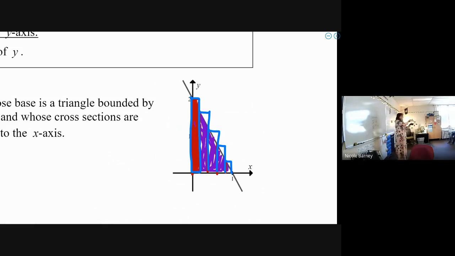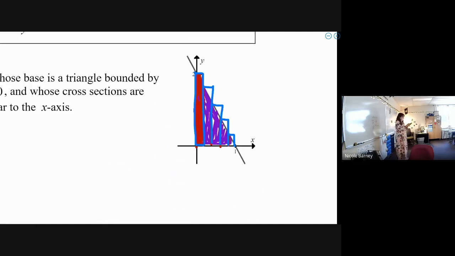Okay, so these are like these 3D pieces coming up like this. If I want to find the volume of that piece, it has a base that's a square. That's the piece that's going up like this, and then remember, it has a height.